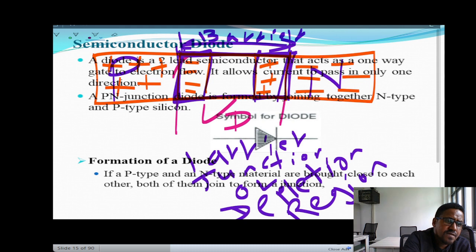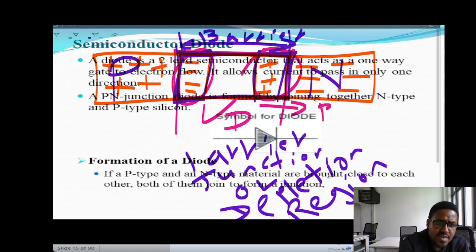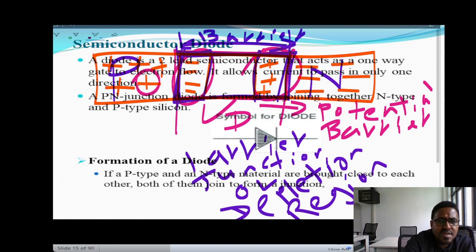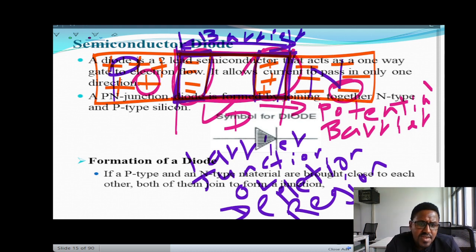Due to the formation of ions across this junction, we can call it a potential barrier, as it prevents further movement of holes and electrons through this junction.